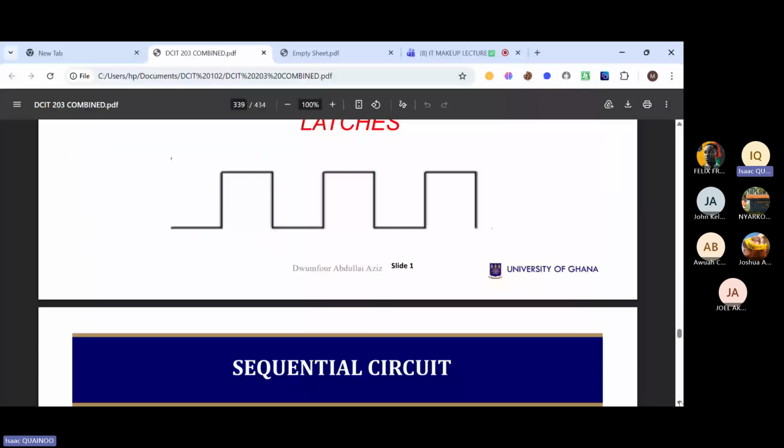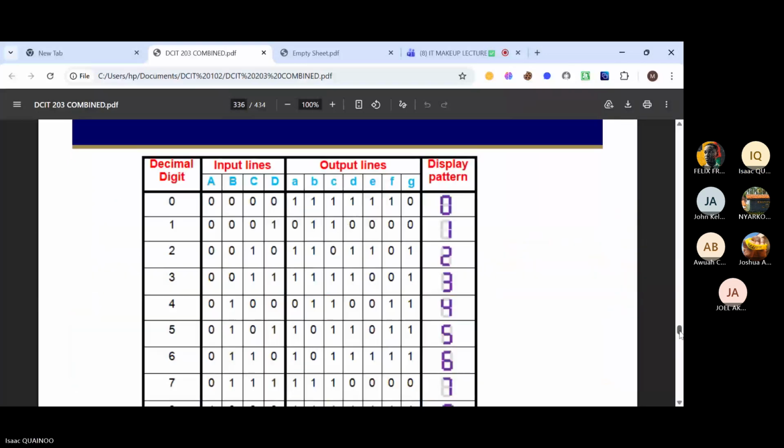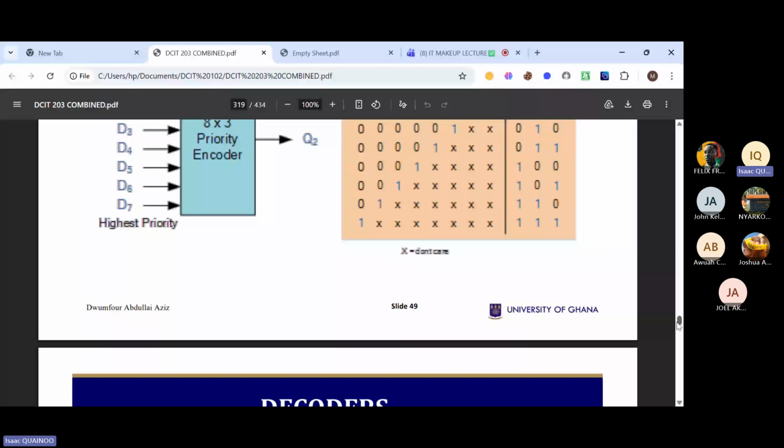I think we don't have the BCD to decimal decoders here.